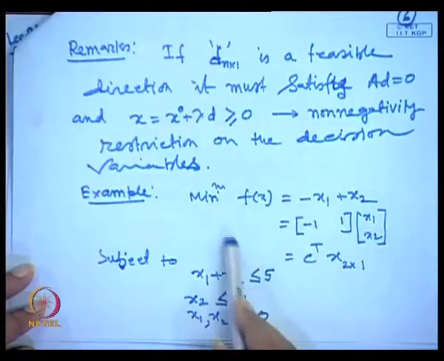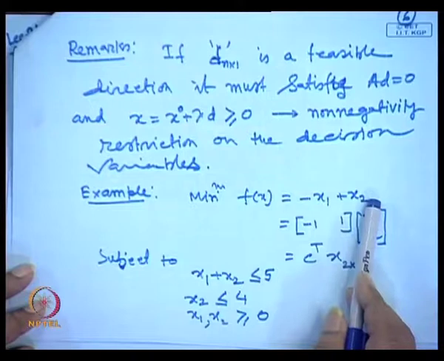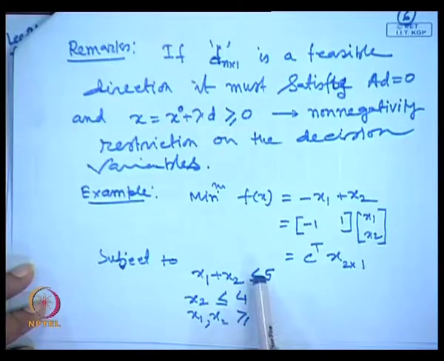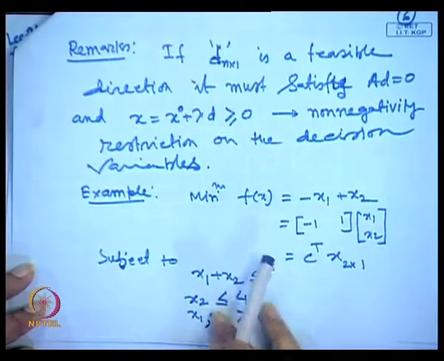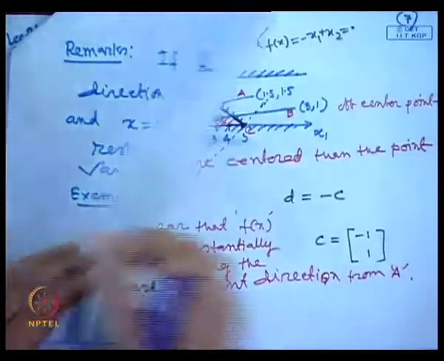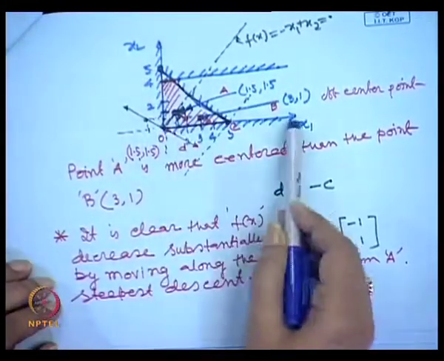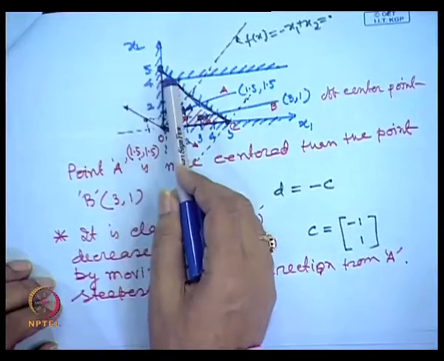If you see this, we have considered a simple example: minimize a linear function subject to equality and inequality constraints. In this case, all are inequality constraints. If you represent that problem graphically, this is the feasible region.